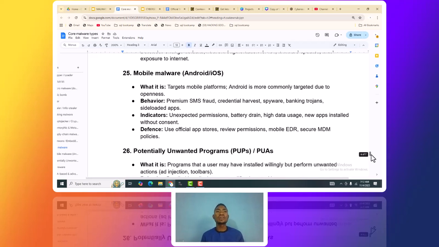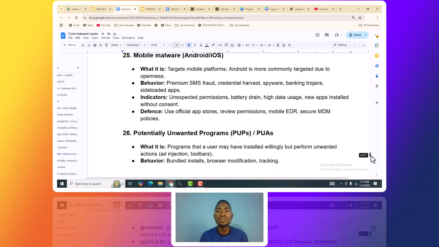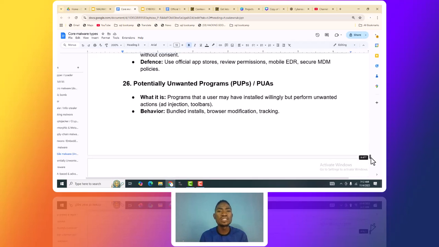One of the indicators of compromise is unexpected permissions, battery drainage, high data usage, or even new apps installed without your consent. To defend ourselves outside the analysis part, we must use applications from the official app store, review permissions, use mobile EDR, and secure MDM policy. These are some of the things we need to use in order to overcome this type of malware.